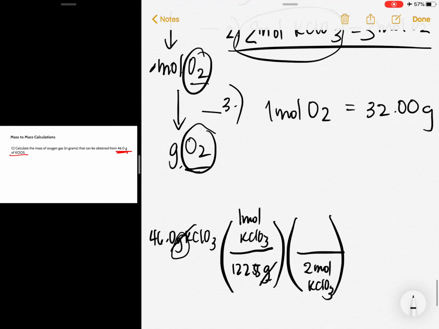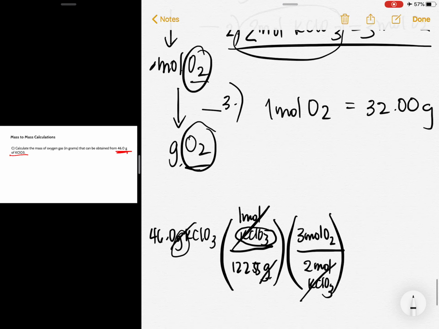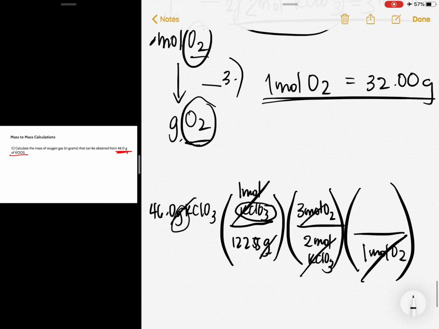Why? Bakit siya nasa baba? Kasi dito sa taas, sa ating numerator, dito sa first parenthesis, kay potassium chlorate yung mole. So, para mag-cancel, dapat yun yung nasa baba ngayon. Sa taas will be the 3 moles of oxygen. Next, the third parenthesis will contain this conversion factor. Sa baba will be the mole of oxygen. To cancel this out, sa taas yung ating desired unit, which is 32 grams.